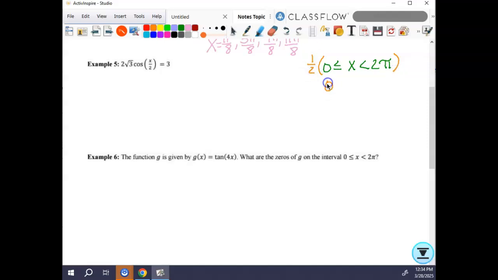So it's going to give me 0 is less than or equal to x over 2, which is less than pi. So here I'm only going from 0 to pi, so that gives me half a rotation. We'll deal with that when we get there. Okay?